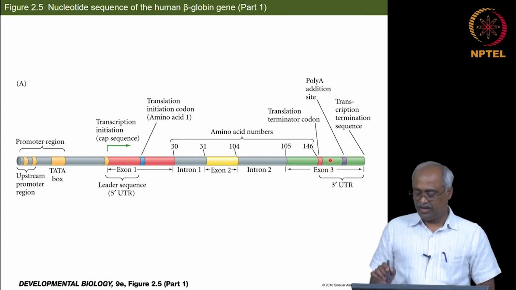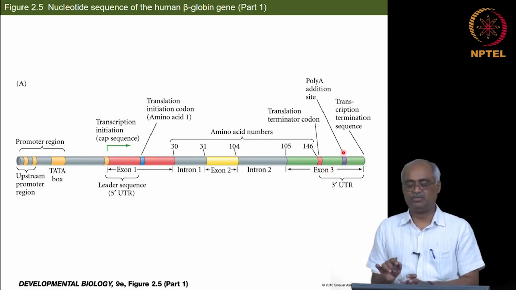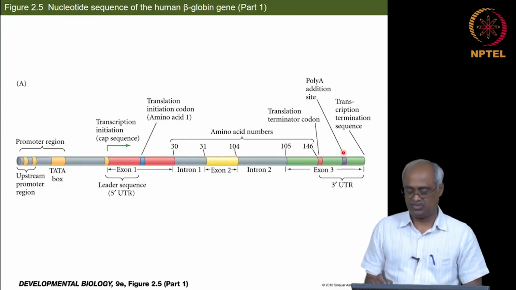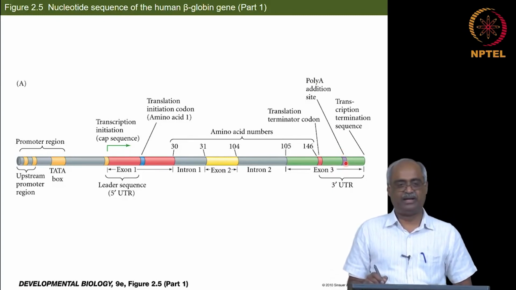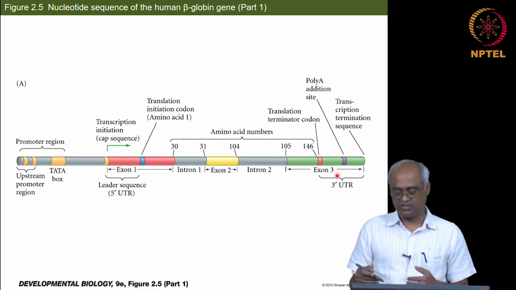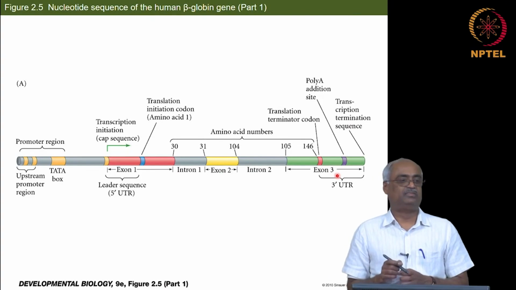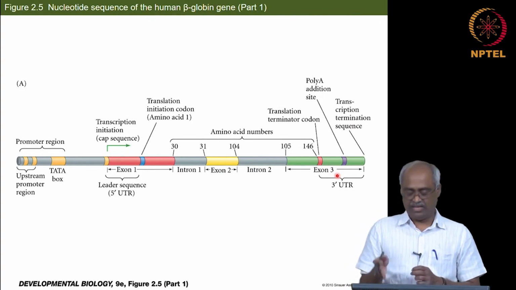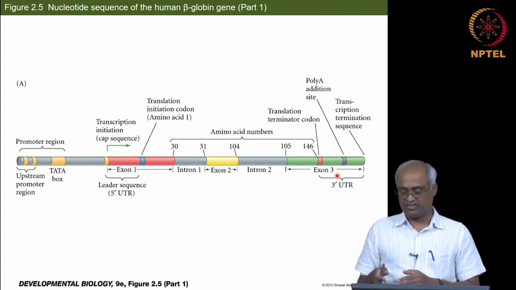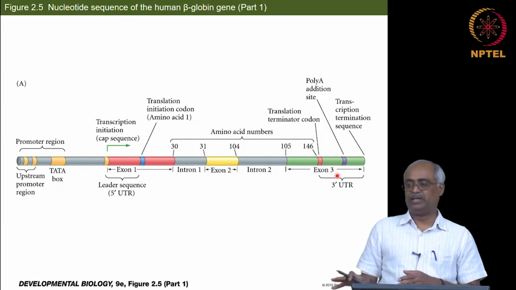And in that RNA sequence, that 3' UTR, you have sequences like the polyadenylation signaling sequence, which signals two things: one, cleavage of the RNA from the primary transcript, and then promoting polyadenylation, where poly A tails are added.